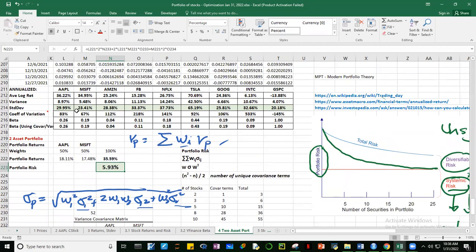Kasi dapat mas mababa, usually, mas mababa dapat yung portfolio risk natin compared to any of the individual assets. No? If we get the square root of this, 24%, lower than Apple, pero mas mataas pa rin sa Microsoft.